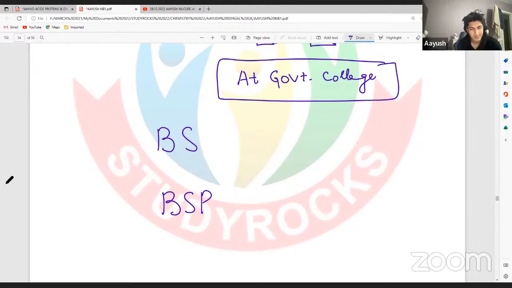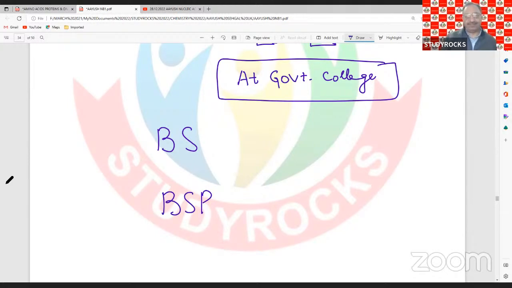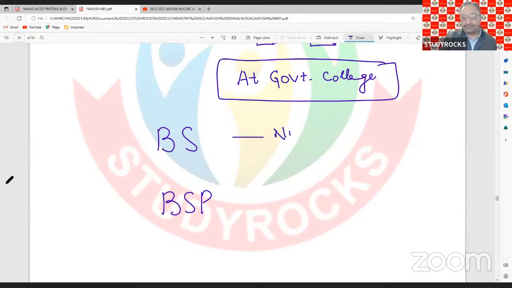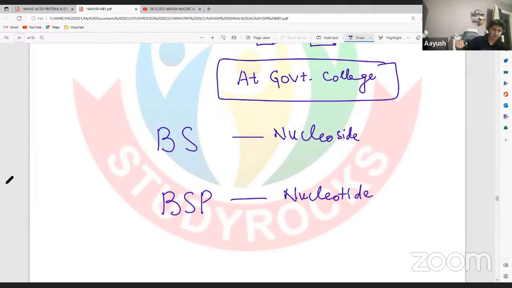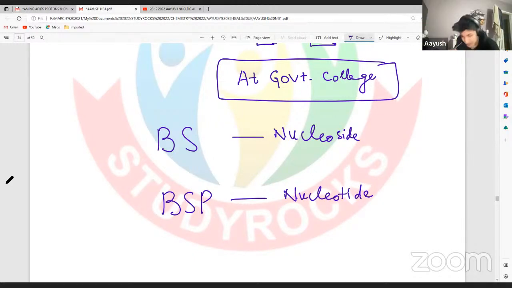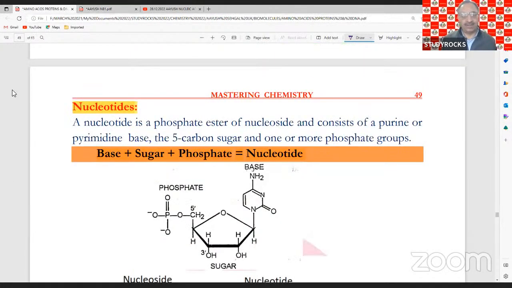Base and sugar. Base, sugar and phosphate. The difference lies in the phosphate part. So this is nucleoside and this is nucleotide. You can say that nucleoside is the building block of nucleotide. Nucleoside ultimately builds up to nucleotide by combination of phosphate group. This memory tip helps. BS and then BSP. Is it okay?